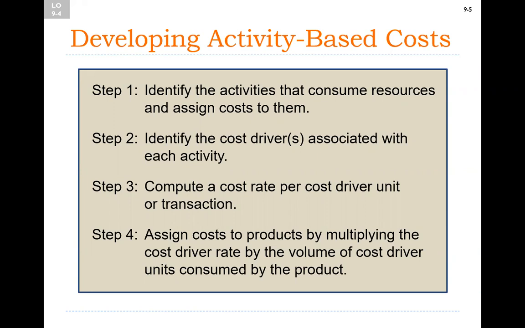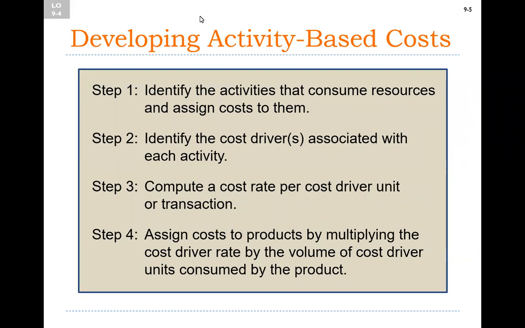It's sort of like finding a predetermined overhead rate for every single activity. So when we allocated overhead in previous chapters, we used a predetermined overhead rate where we took estimated overhead and we divided it by an estimated activity. Well, now we're going to do that for all of our activities.